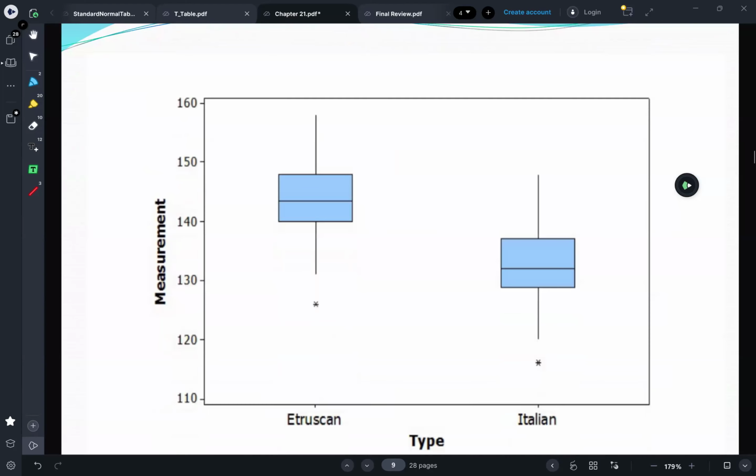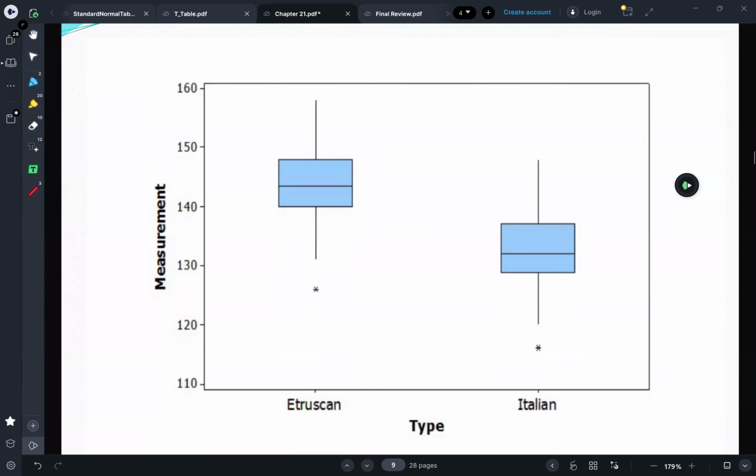We did the box plots. It's always good to plot the data. You can see visually, we're pretty suspicious that there's a difference here. You can see the skull measurements for the Etruscan males were much higher. You can see they have higher measurements based on the y-axis there.